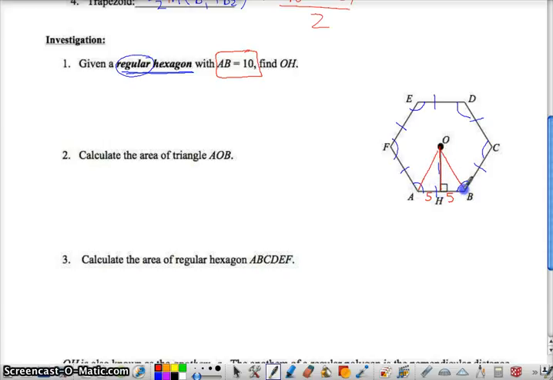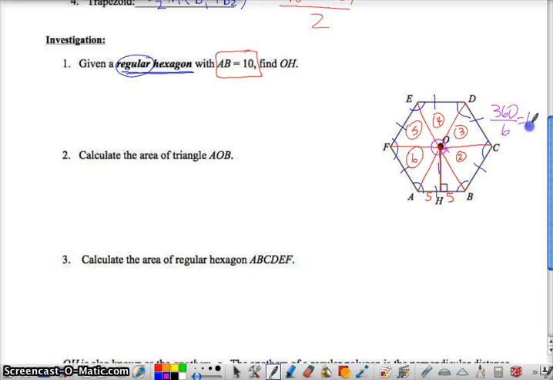Well, if it's a regular hexagon, then I have 6 triangles going all the way around, right? If I didn't split it in half, this would be 1, 2, 3, 4, 5, 6. This one being right here to begin with. Now, we also know that the degrees going all the way around the circle is 360 degrees.